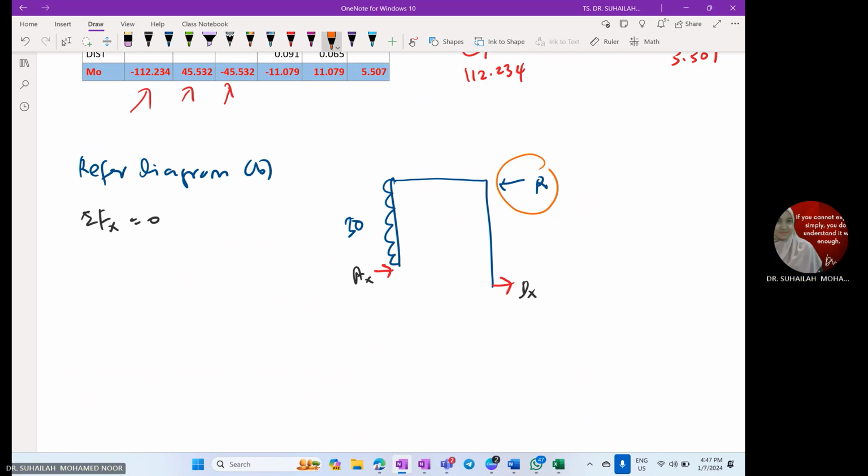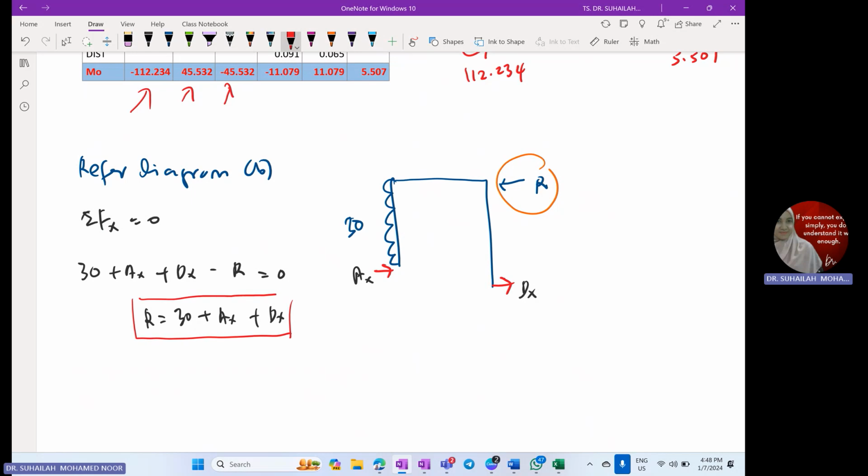So we write the equation: 30 plus Ax plus Dx minus R is equal to 0. So if you want to calculate R, it is actually 30 plus Ax plus Dx. So this is the equation that we made in order to calculate R value.